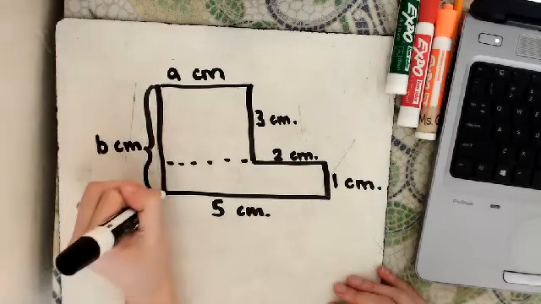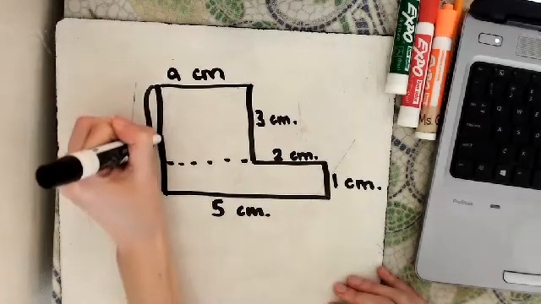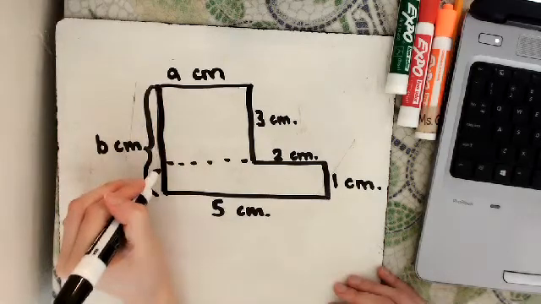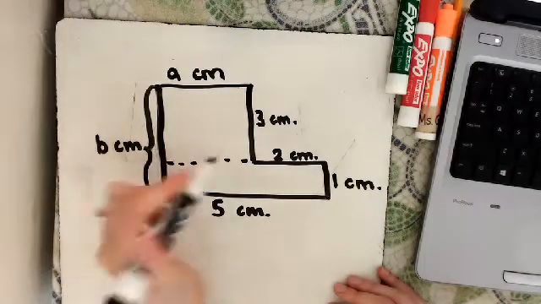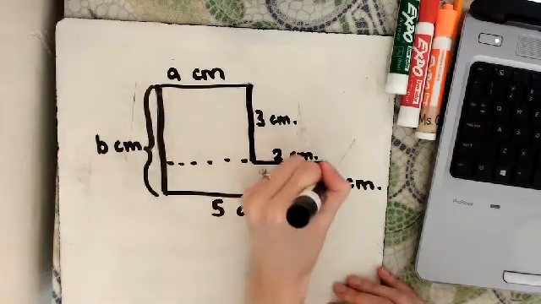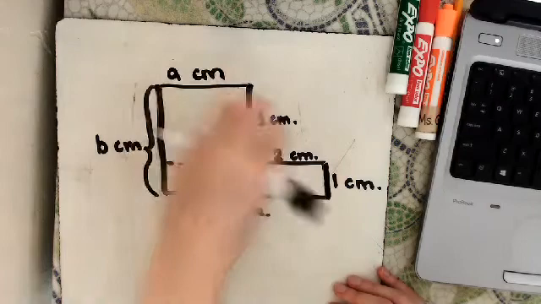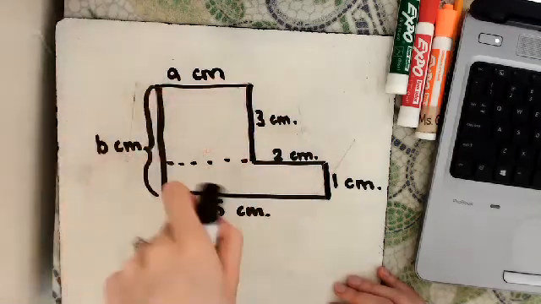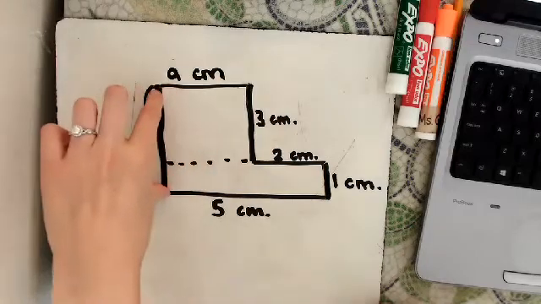Now, first I'm going to try to find B. Take a look at B. This line's going up like this. Do you see any other lines going in the same direction? Well, this one and this one. These two together equal this larger one here.